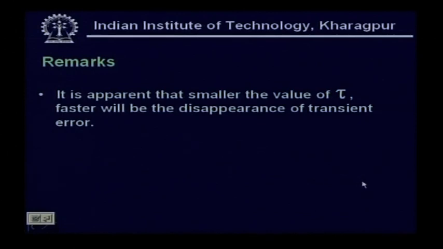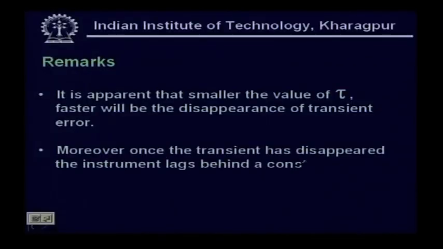In the case of step input also, if tau is small, I will immediately reach the final steady state value. If tau is large, it takes a long time, right. Our goal for any instrumentation system or sensor is that the steady state error should be 0 as quickly as possible.